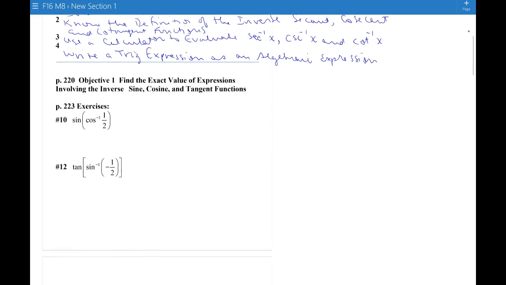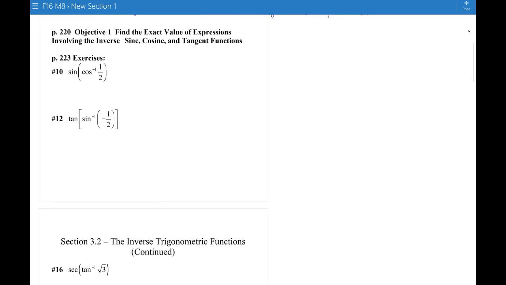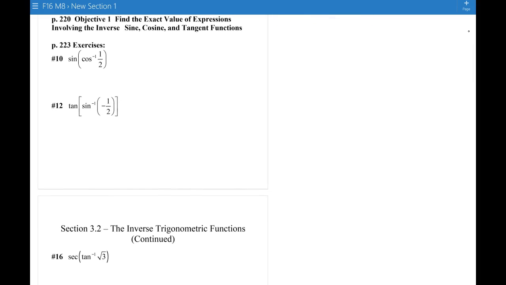So we're going to work on these Objective 1 problems together in class so we can talk about them because they're a little bit more complex than the ones we've been working on. But I'll show you how to get started on the first one. You look at the part inside, and then if you look back in your notes from the last section, I suggested that you read this as the angle in quadrant 1 or 2 that has a cosine of a half.